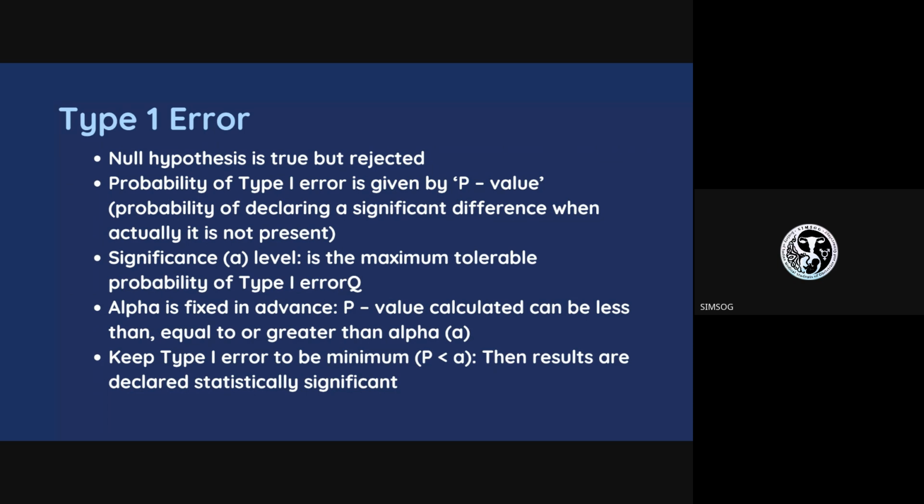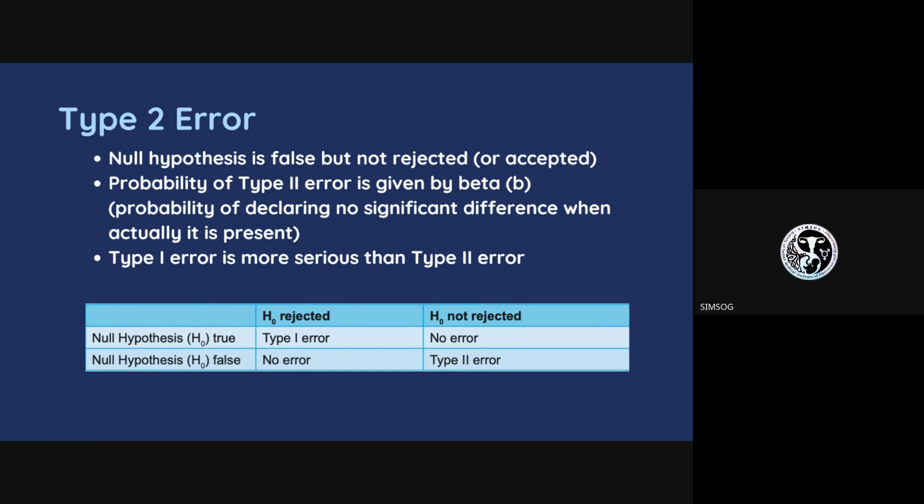We have to keep the type 1 error to a minimum, and then the results are declared statistically significant, as I told. However, there can be type 2 error, where the null hypothesis is false but not rejected, or in other words, the null hypothesis is false but is accepted.